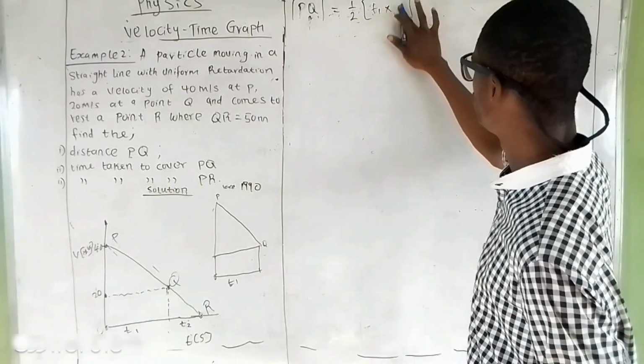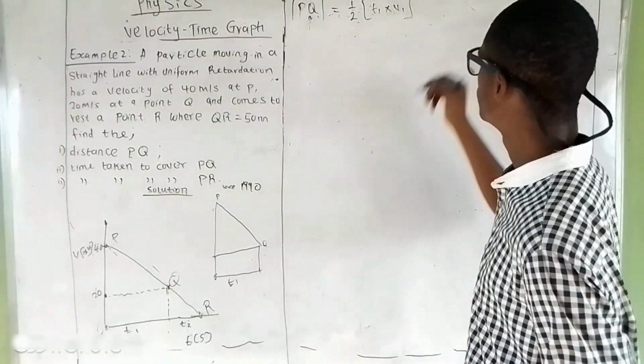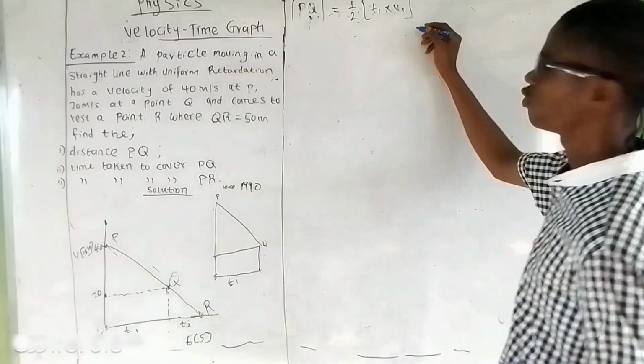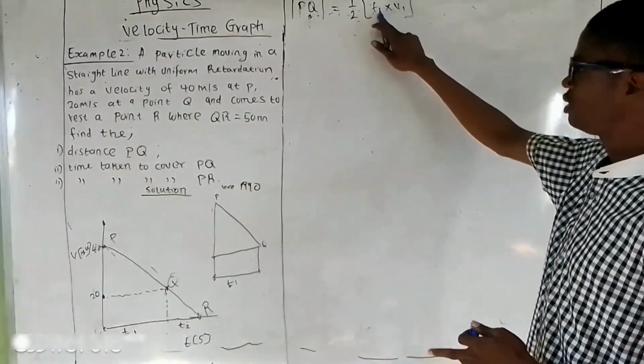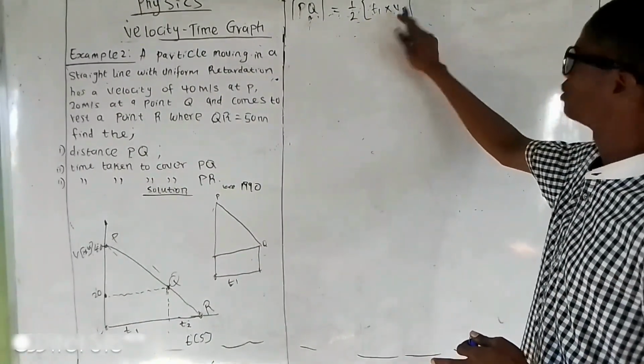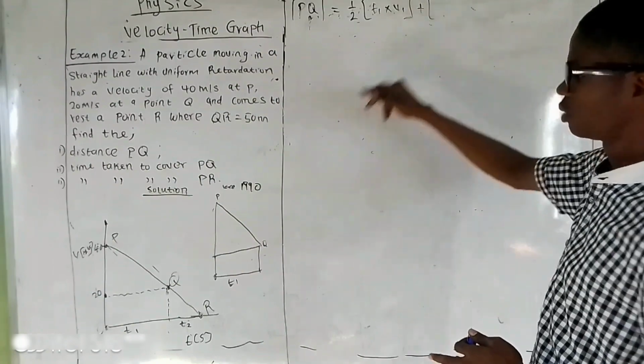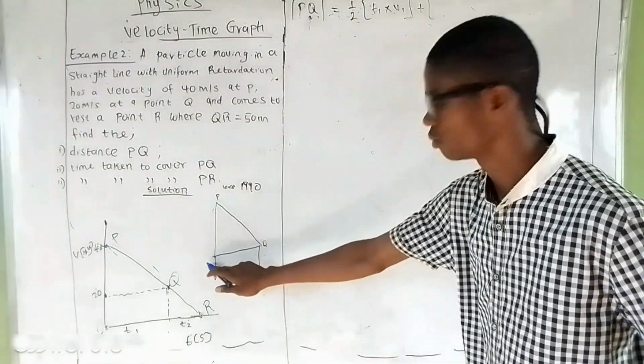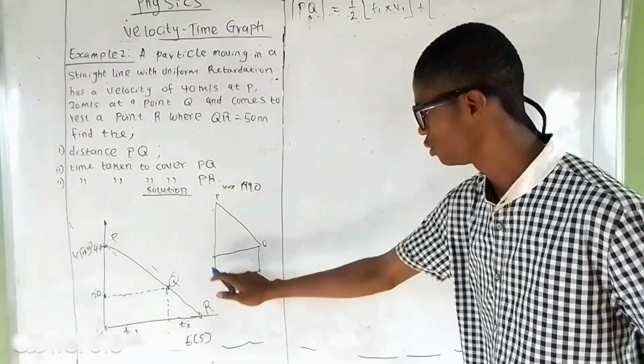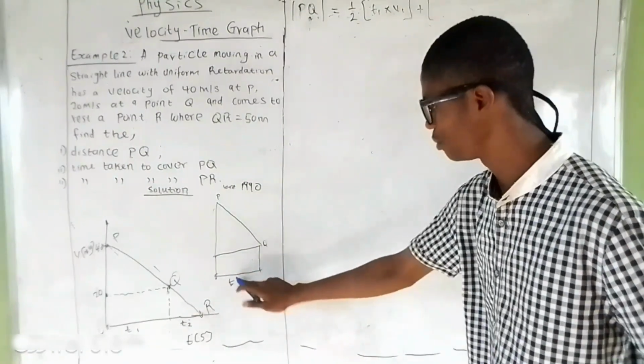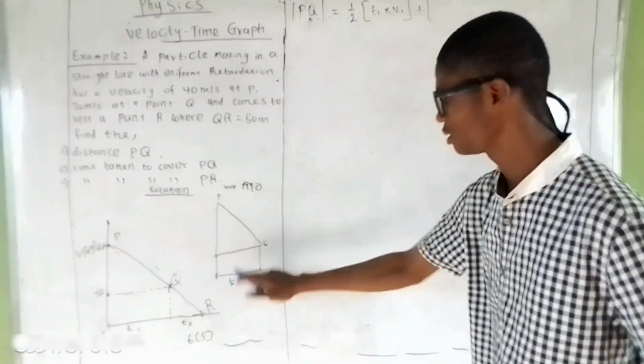Or I can put V1 so that we'll understand it. Later we'll use it to solve. So half T1 times V1 plus the rectangle, which is length times breadth, or height times breadth.